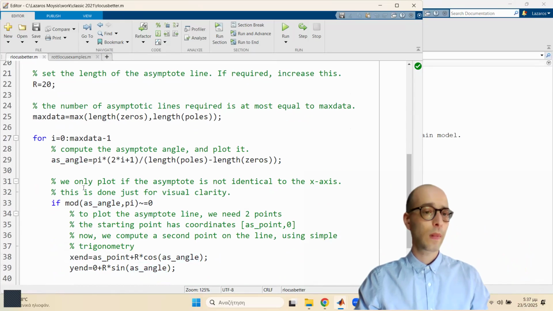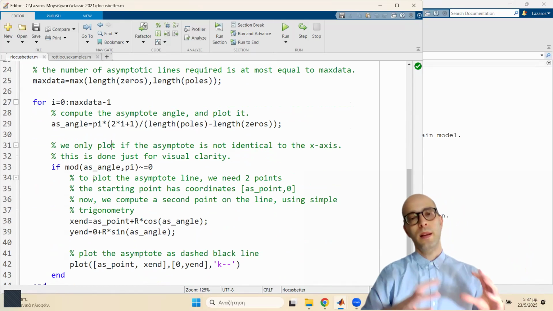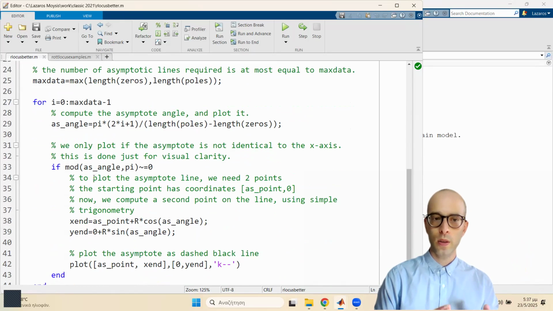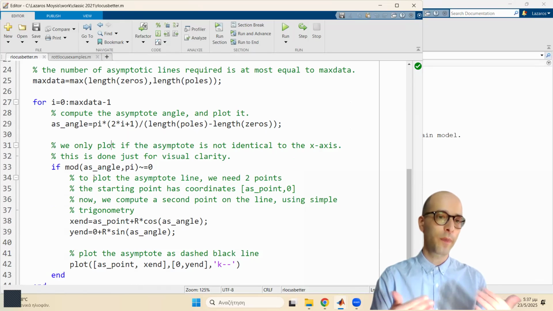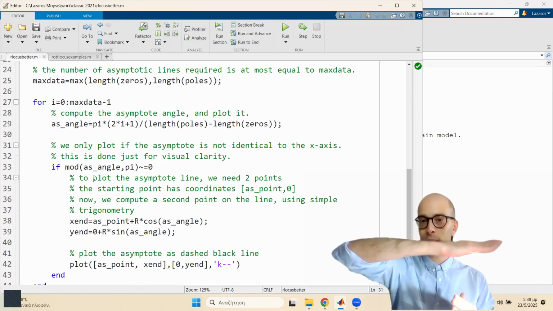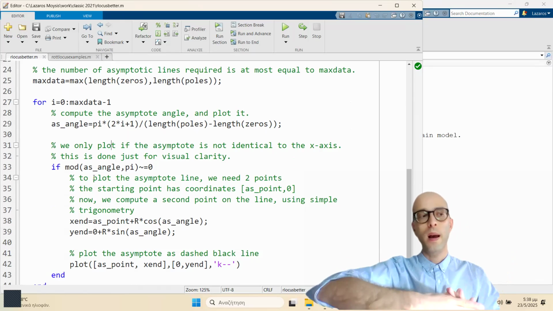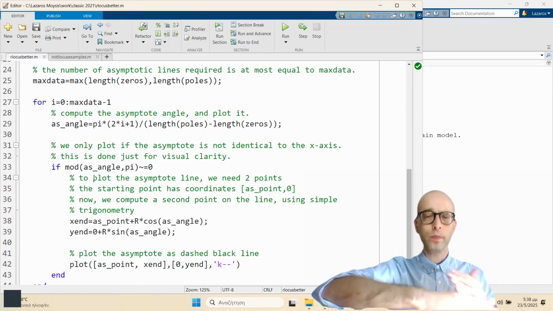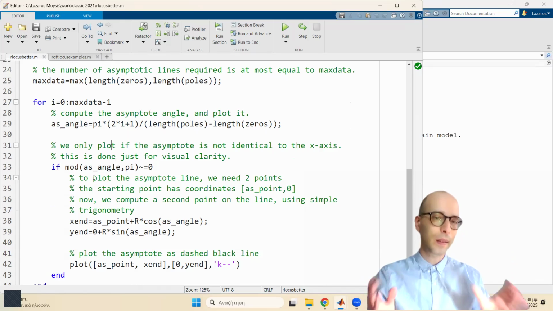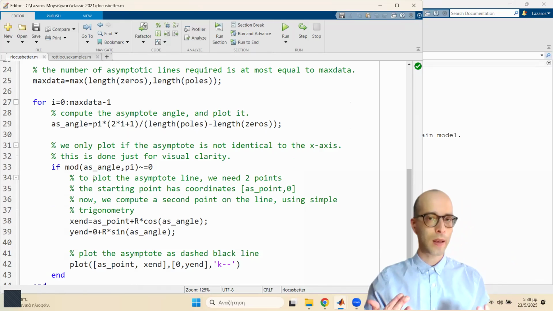It is very simple, but I have a minor twist here. In case the angle is 0 or 180 degrees, or in general a multiple of pi, this means that the asymptote is going to be identical to the x-axis. In this case, probably a part of the root locus actually belongs on the x-axis, and I choose, just as a personal preference, not to plot the asymptote.